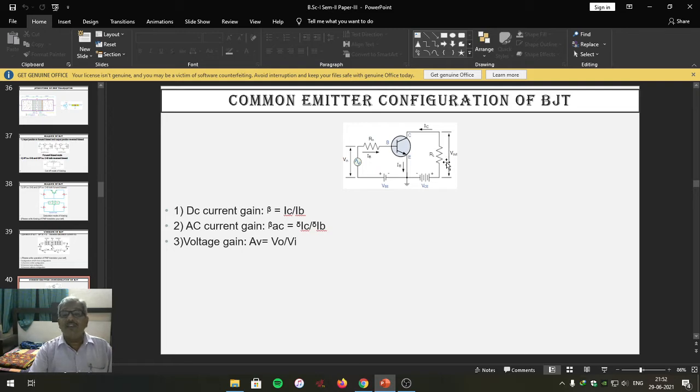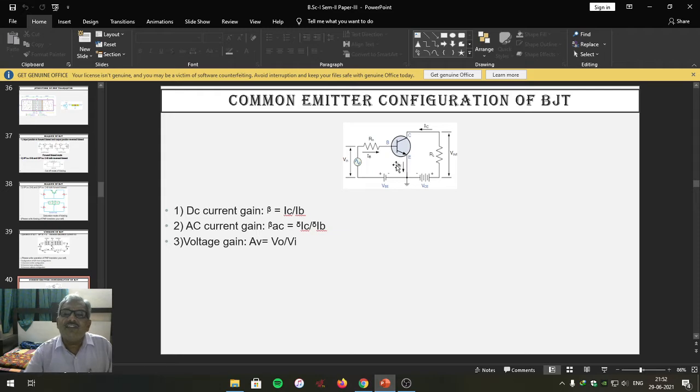So this is the input part where we are applying to the BJT, and we are getting the output across this. This is the terminal which is common for input as well as output. That is the reason why we call this configuration the common emitter configuration.